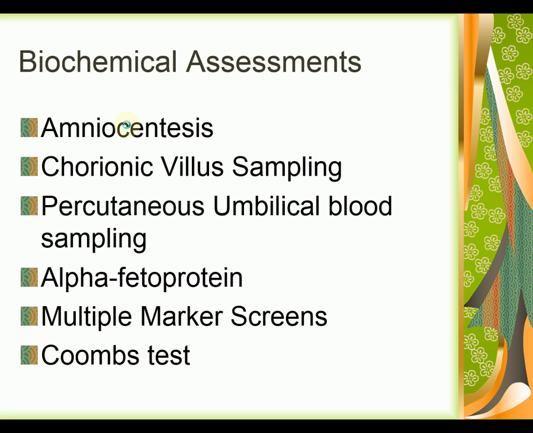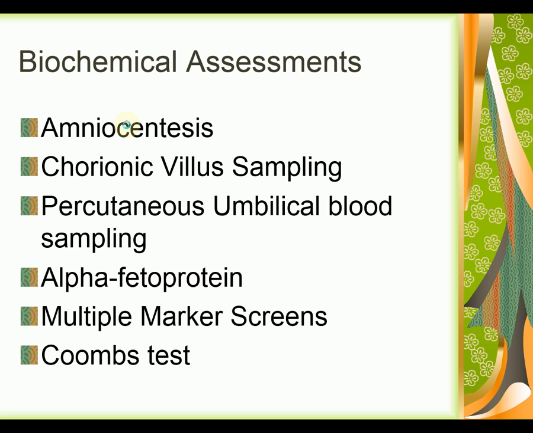But none of these tests are diagnostic. If the alpha-fetoprotein tests like they may have Down syndrome, that is just telling you that there's a good possibility that this baby may have Down syndrome and requires further testing. Same thing with the neural tube defects. There can actually be another reason for this to be high, and so you have to have further testing for definite diagnosis with any of these.